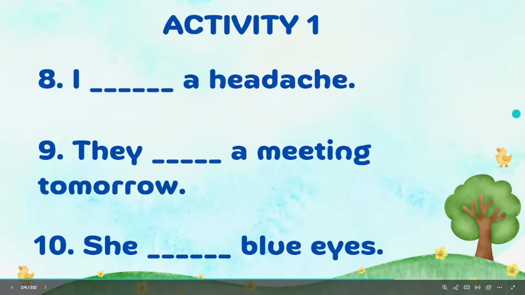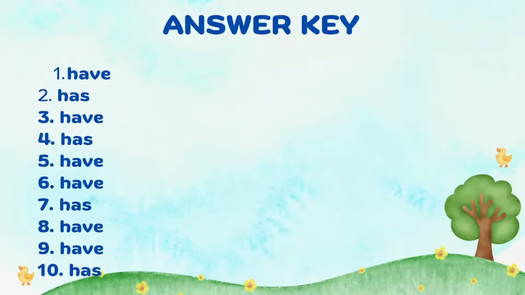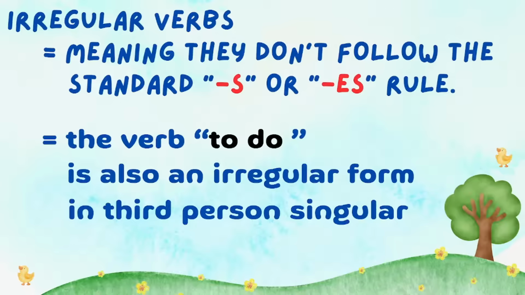Did everyone understand about the irregular verb to have? You also have here your answer key. So we're done with the irregular to be.